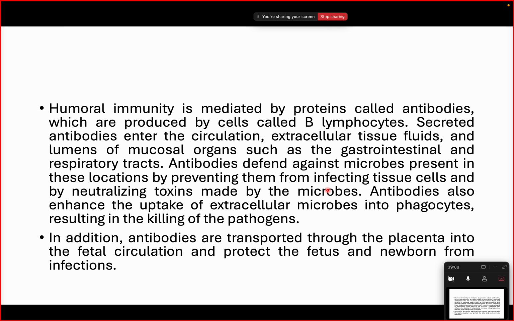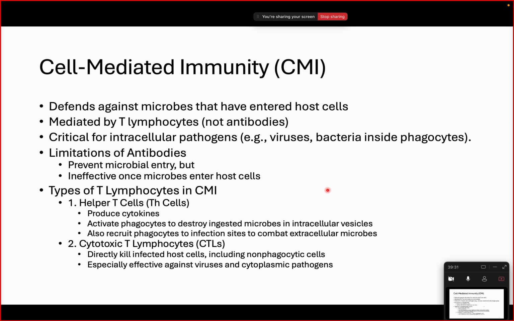Antibodies also enhance the uptake of extracellular microbes into phagocytes, resulting in the killing of the pathogen. In addition, antibodies are transported through the placenta into the fetal circulation and protect the fetus and the newborn from infections.